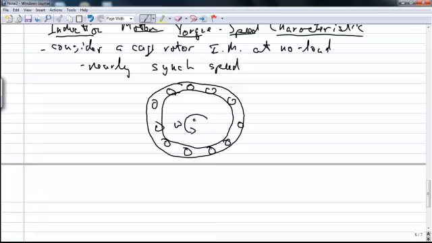We have our stator field, B sub s, and then we have B sub r, our rotor field, and the vector sum of the two is B net.